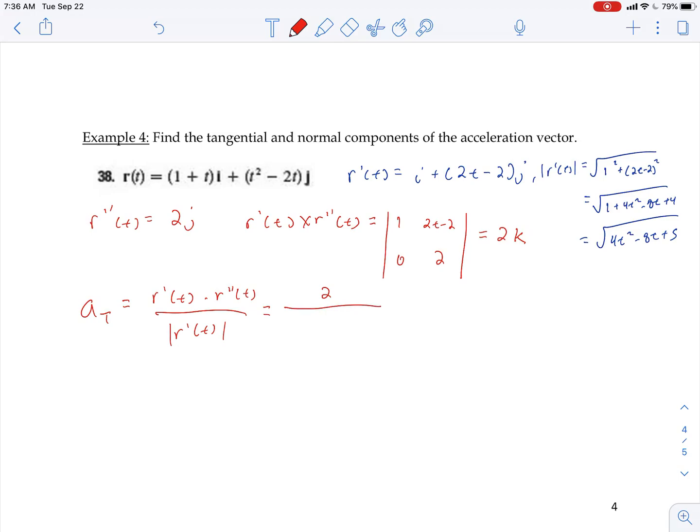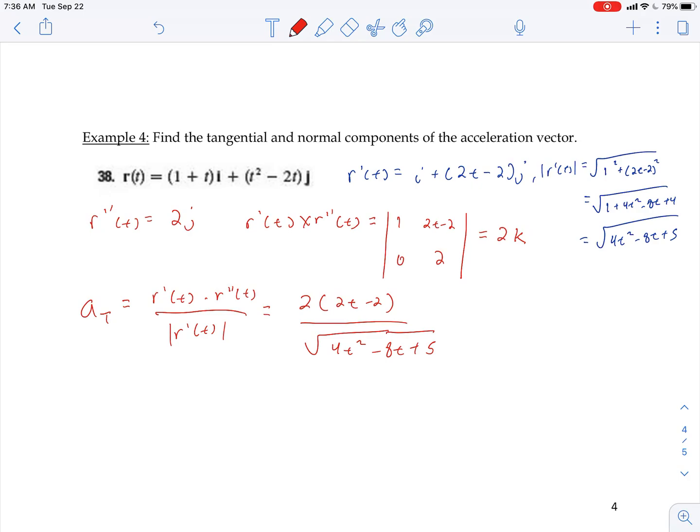Whoa, I'm moving on a little too fast. So we do the dot product, which is going to be 2 times 2t minus 2. And then the denominator is just going to be the square root of 4t squared minus 8t plus 5.